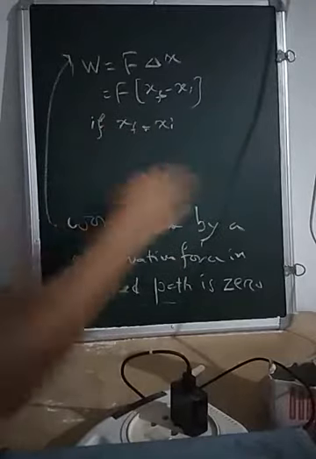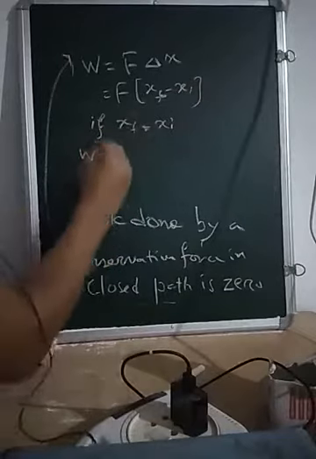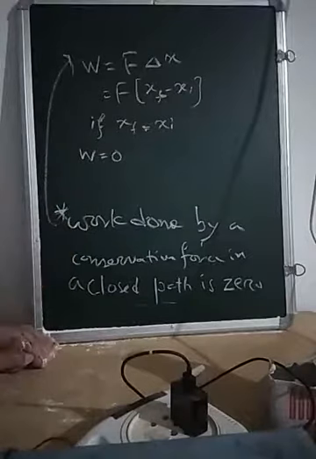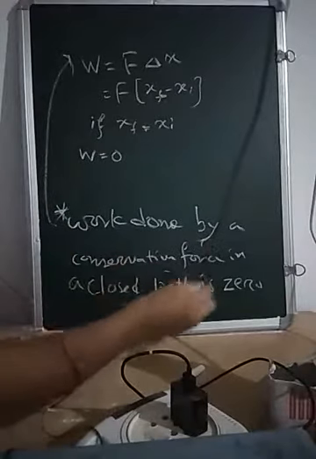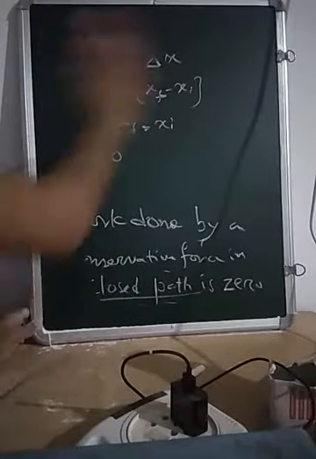Then if we put xf equal to xi here, it will be 0. So the work done is 0. In the case of a conservative force, the work done in a closed path is 0. These are the three properties of a conservative force. So up to now we have discussed the conservative force and the law of conservation of energy. Regarding this, we have to take the example of a spring, then the example of gravitational force.